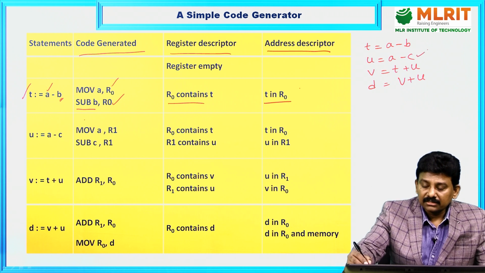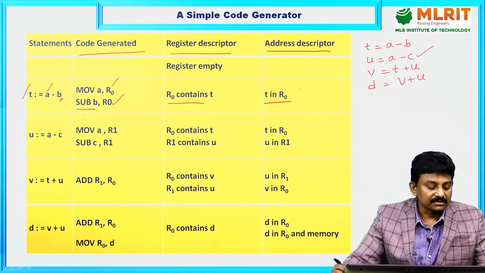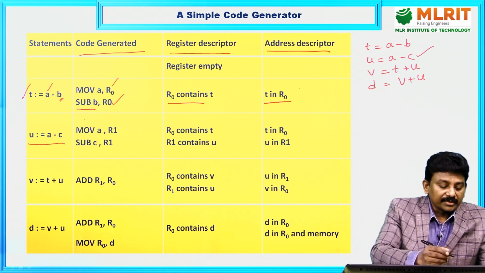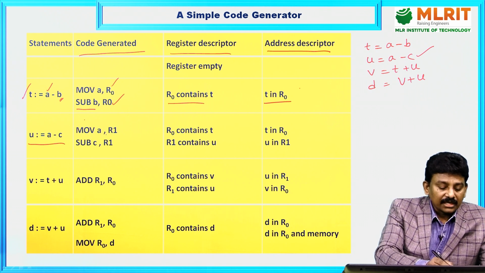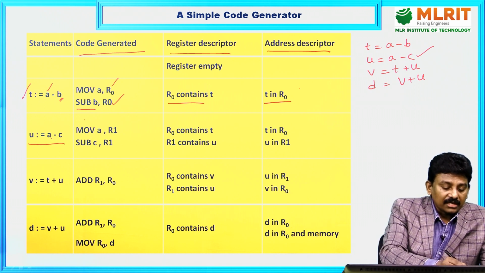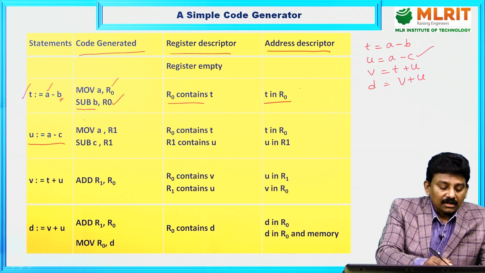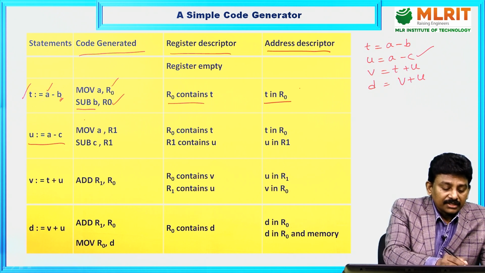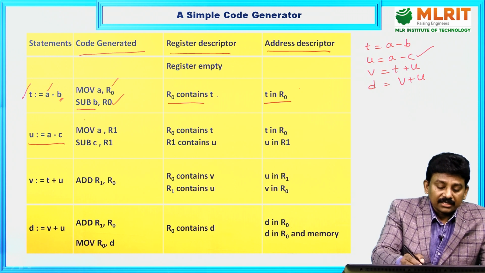For the second three address statement, u is equal to a minus c. So, move a comma r1. See, a is a variable, r1 is a register. We should not use the same register r0 because r0 is containing a minus b, that is t.